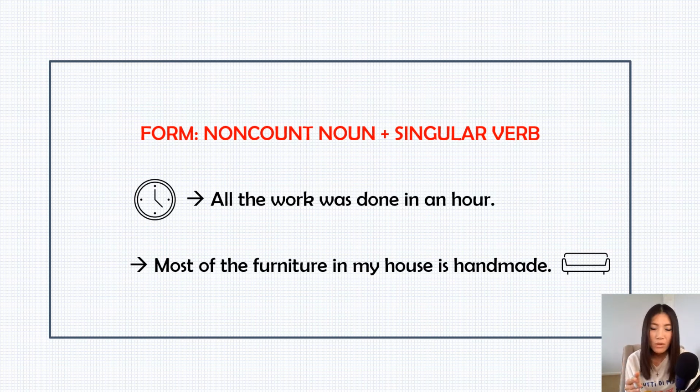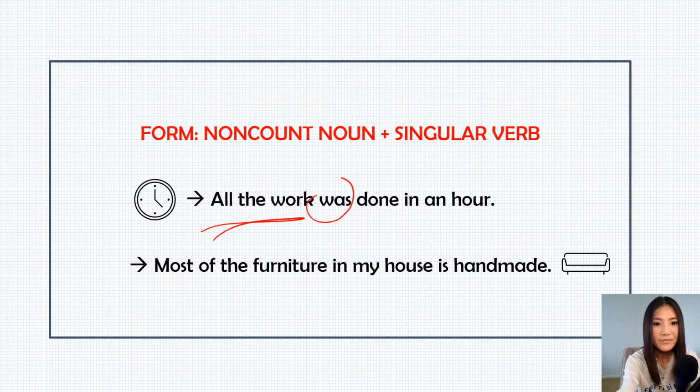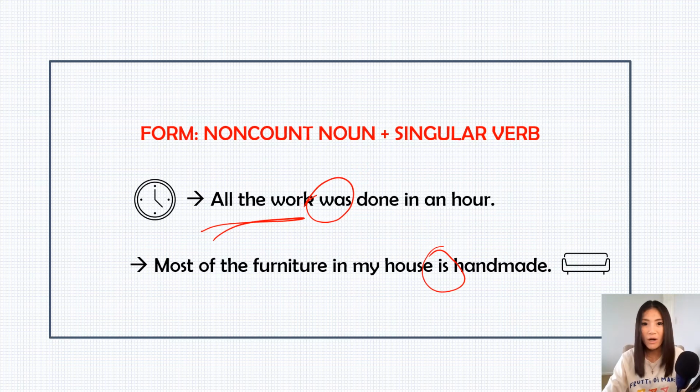For example, all the work was done in an hour. All the work sounds like a lot of work, but because the word work is a non-count noun, I have to use a singular verb. Most of the furniture in my house is handmade. Is, not are.